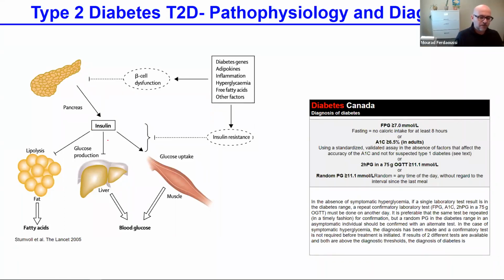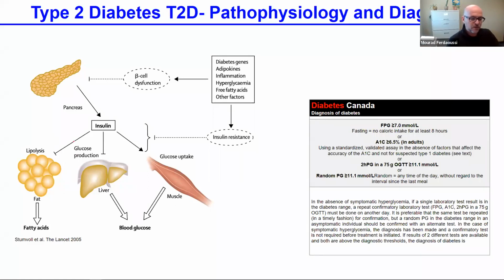The other arm of type 2 diabetes is when the action of insulin is reduced, what we call insulin resistance. Basically, the organs that are targeted by insulin are insensitive to this hormone. In normal conditions, they would increase glucose uptake in the muscle, reduce glucose production in the liver, and reduce lipolysis in the adipose tissue.